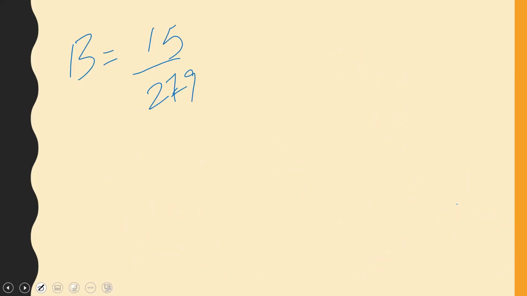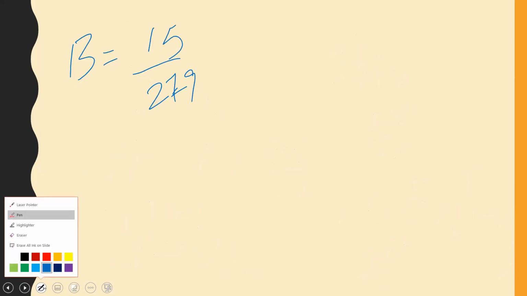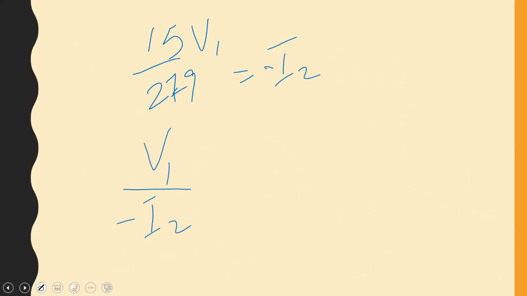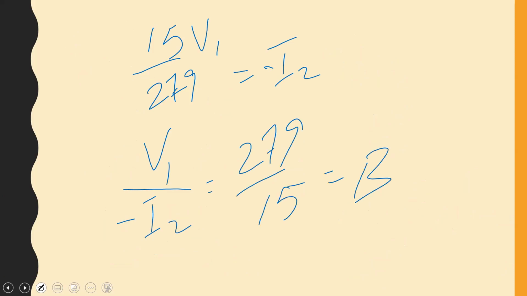So just a minute. I think I am rushing. I'm going faster than I need to. So that times V1 is equal to I2, minus I2. So it means that V1 over minus I2 is equal to 279 over 15. So that is B.